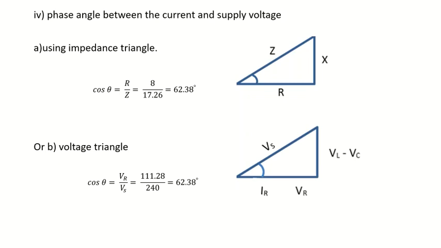So cos theta is equivalent to the adjacent side divided by the hypotenuse.